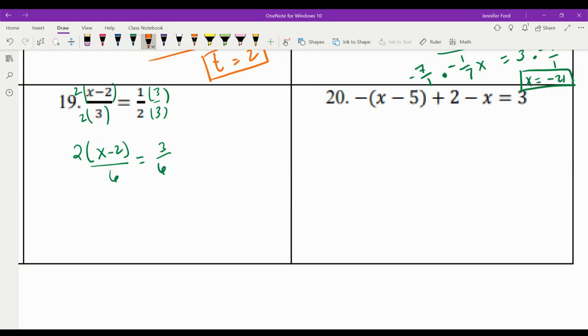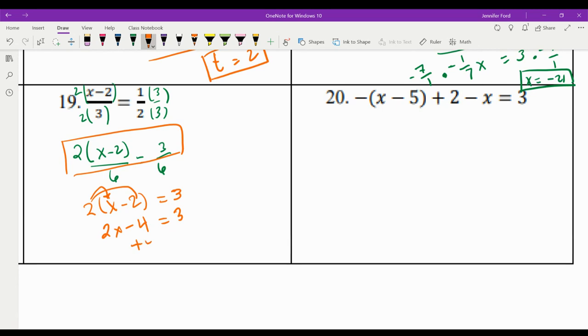If that is true, then that means that 2 times x minus 2 has to equal 3, which is a little easier. Distributive property, 2 times x is 2x minus 4 equals 3.